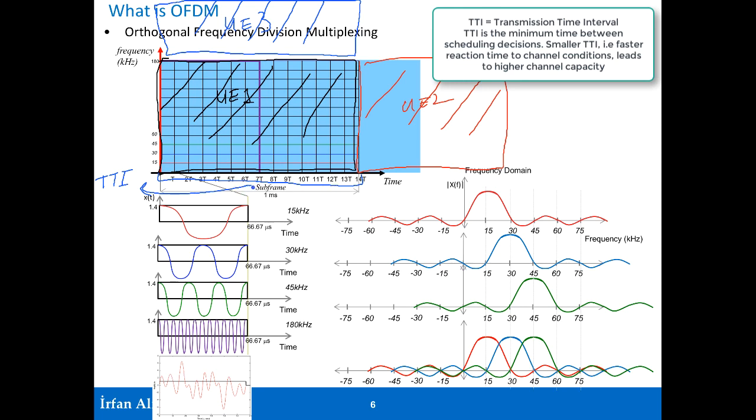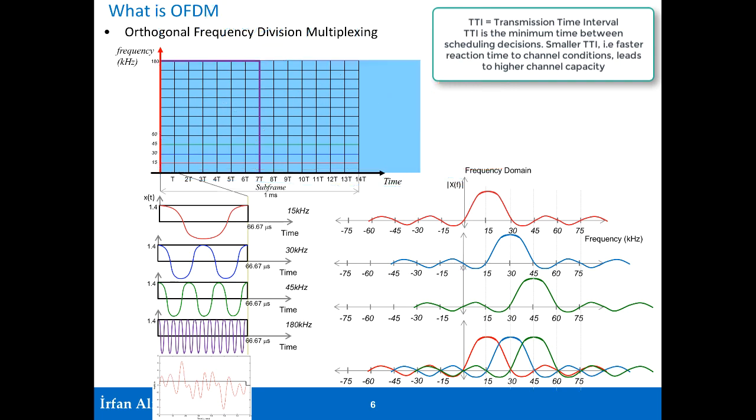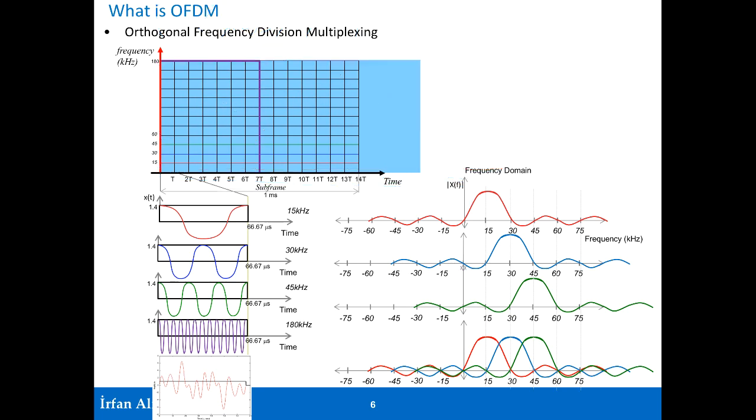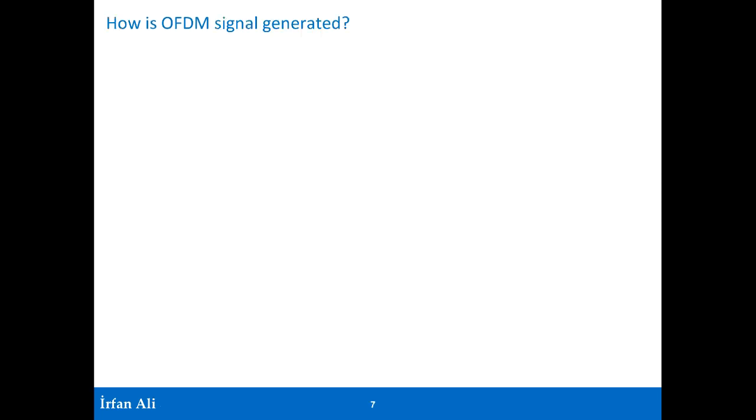So you can change scheduling decisions every 1 millisecond, and that is how fast you can decide who's going to get resources in the time domain, and that parameter is the transmission time index. So quite a few concepts that we have covered in this one slide, but that provides you the basis of OFDM.